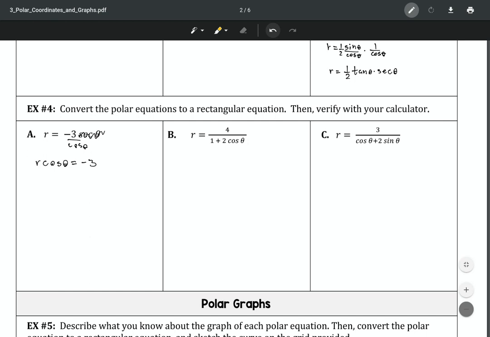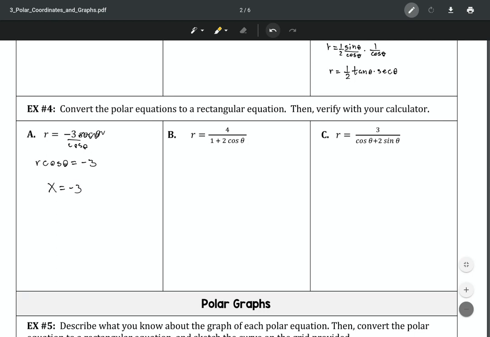And remember that my goal here is backwards. My goal is to end up with x's and y's. R's and cosines and tangents need to go away. So in this case, remember that r cosine of theta is x. So this is x is equal to -3. So that's it for that one, right?